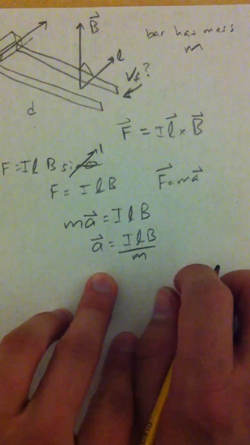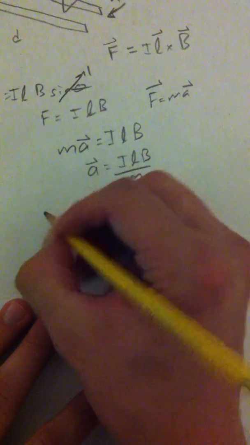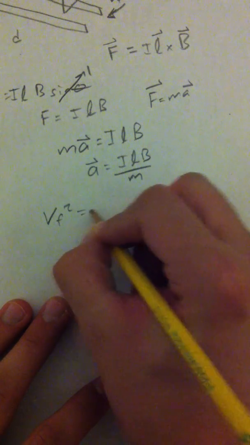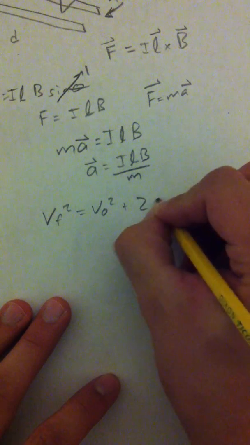Now once we have our acceleration, we can plug it into our kinematics equation. There's 3 of them, but we're just going to use one. This is the one you're going to want to use: final velocity squared equals initial velocity squared plus 2ax.